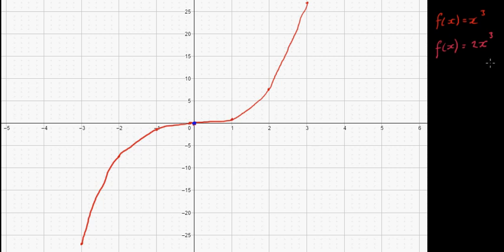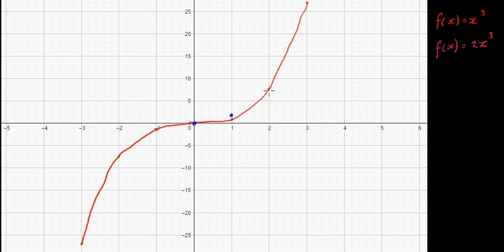What about 1 then? Well, if we cube 1, we get 1. Multiply it by 2, we get 2. So if we put 1 into our function, this time we're going to get 2. So instead of being here, we're going to be here. If we take 2 and put it into our new function here, we'll get 2 cubed, which is 8. Multiply that by 2, you get 16.